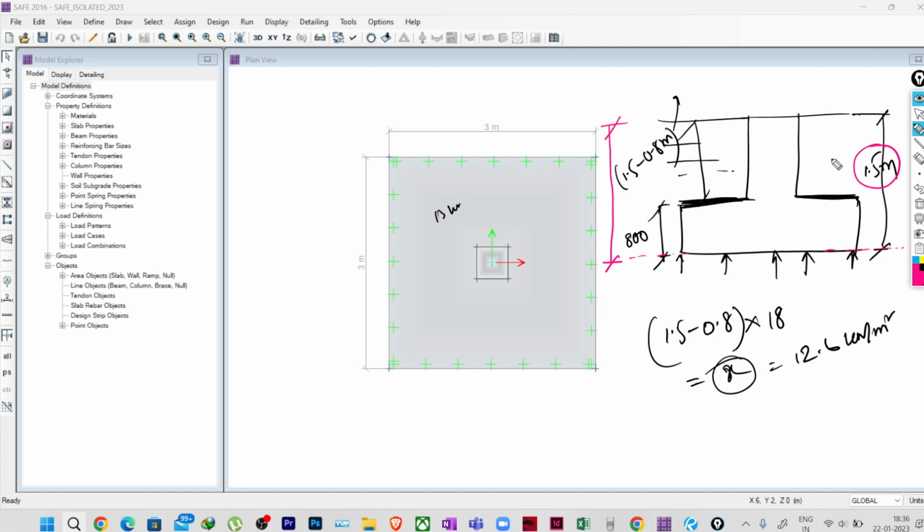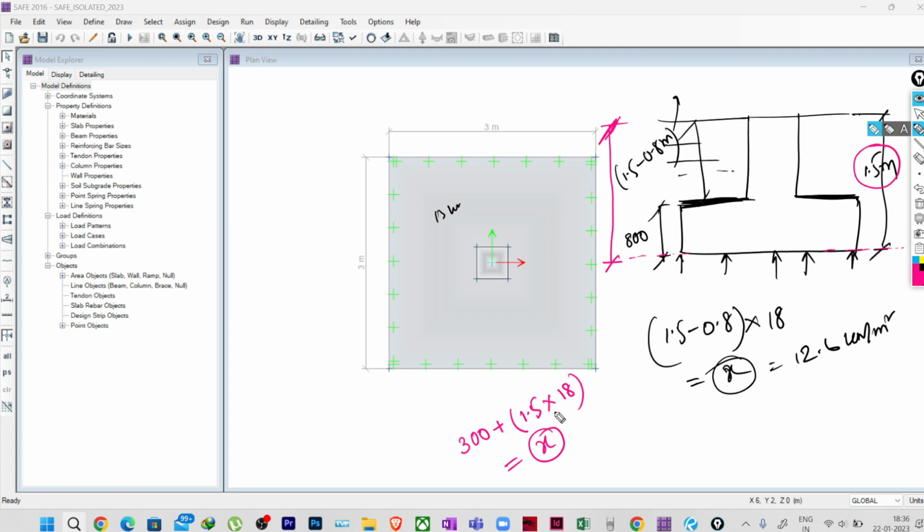When you calculate the gross allowable SBC, suppose we consider 300 kilonewton per meter square as our net SBC. The gross SBC will be 300 plus the total depth 1.5 meter multiplied by the unit weight of soil, and then we will get a value which is the limit.